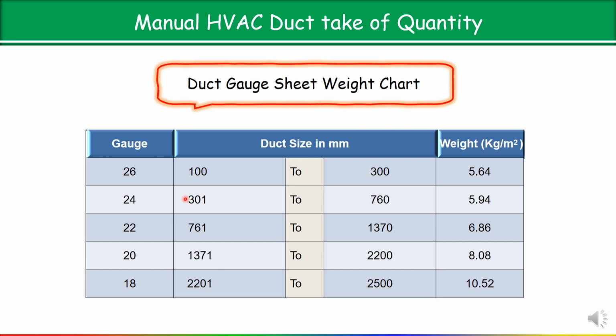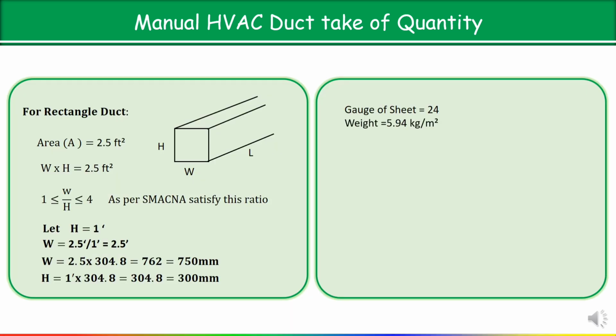If your duct size is between the range 301 to 760, and in our case it is 750, how much gauge sheet do we need? 24, and the weight of the duct is 5.94 kg per square meter. So I am writing the weight also: 5.94 kg per square meter.